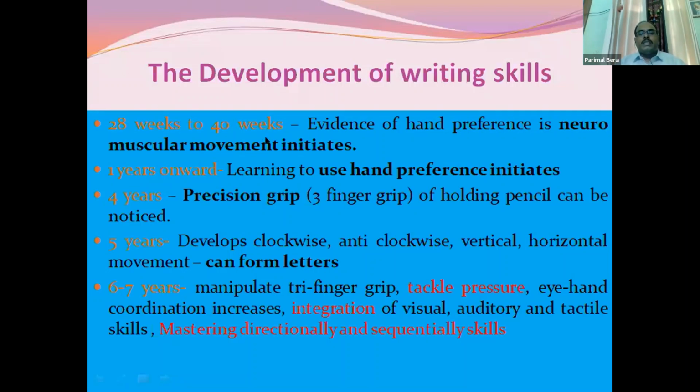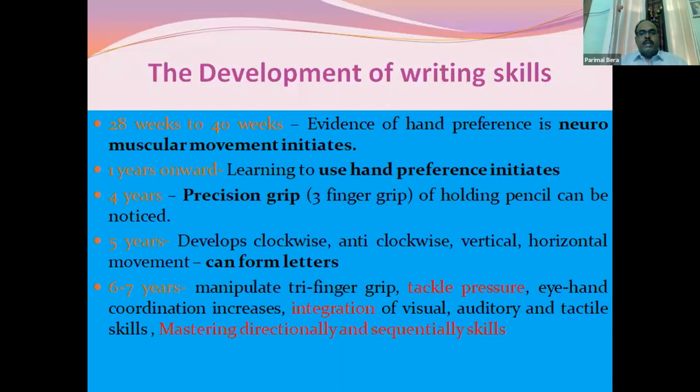When the child is initiating something with his or her right hand, that means the left brain is dominant. When the child is doing something with the left hand, that means the right brain is dominant. Sometimes when the child starts doing something with the left hand, parents may complain, please try to write with the right hand.